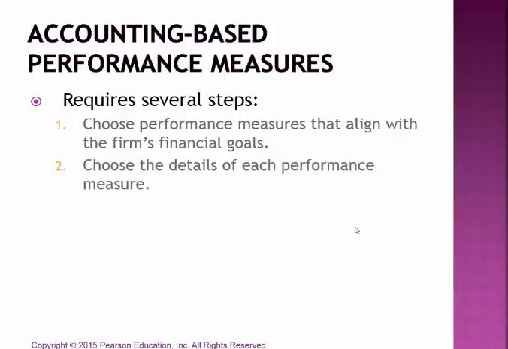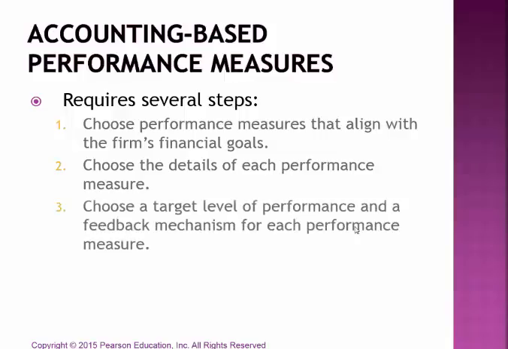Once we have selected the particular measure or measures that we're going to use in our analysis, then we have got to be very specific in regards to the details of how each part of that measure is defined. And you're going to see that as we analyze some of these calculations that we're going to do in Chapter 23. We will choose a target level of performance.